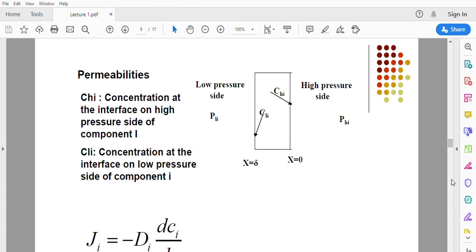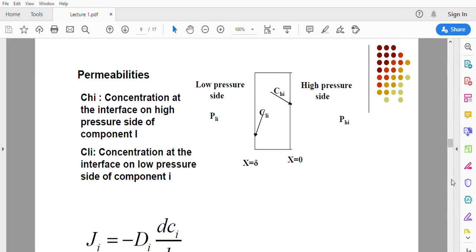Now for deriving the mathematical models for gas separation using the membrane process, we have to calculate the permeabilities. Permeability is the most important parameter for the membrane transport process.